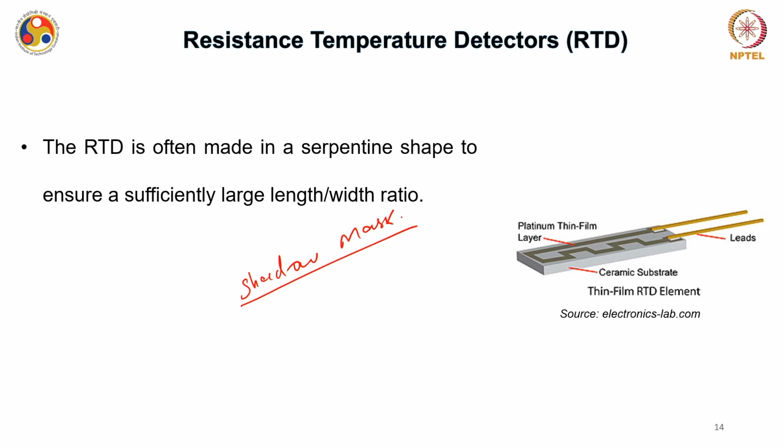Okay. This is more dominant when your structures are in millimeters or at least hundreds of micrometers. So if you want to deposit this, you have a mask made like this, like a serpentine. Okay. And I'm just giving you a hint.